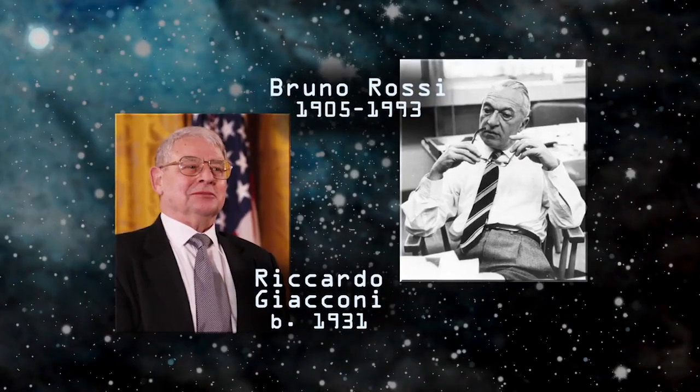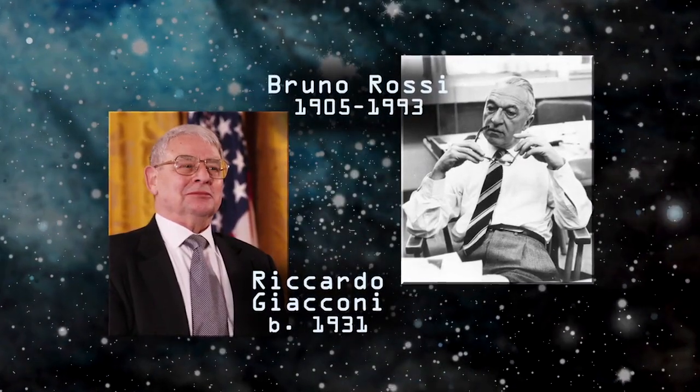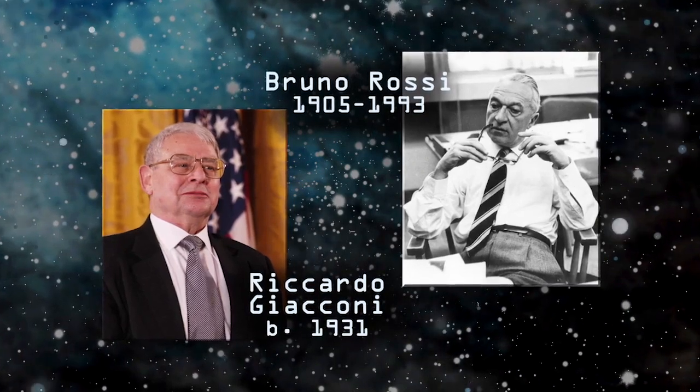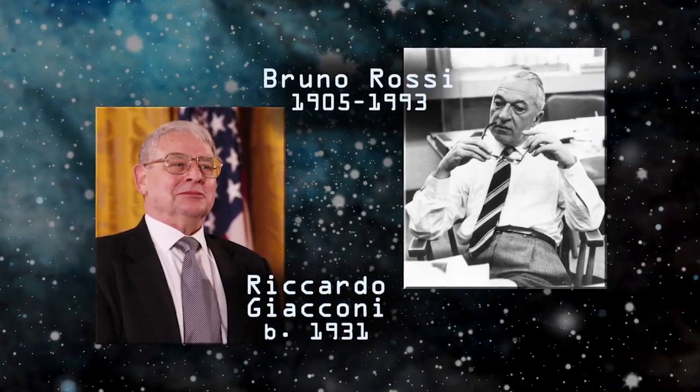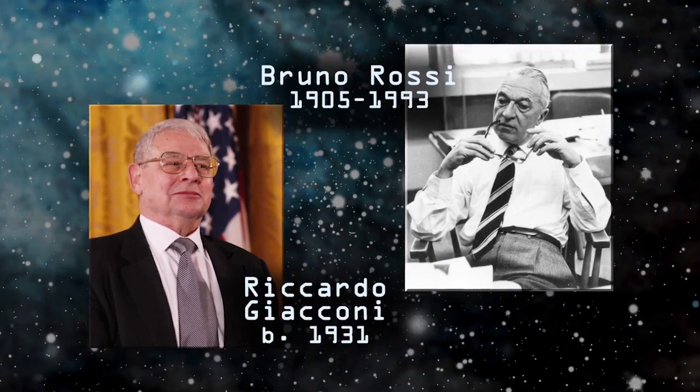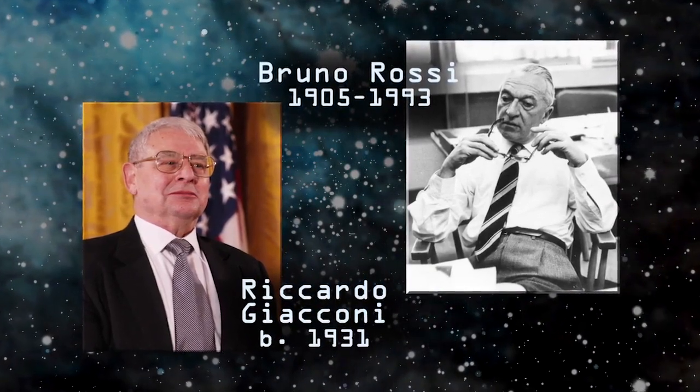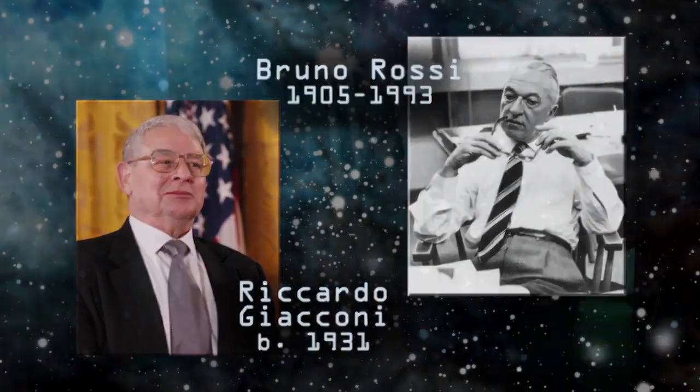Two of those pioneers were Bruno Rossi and Riccardo Giacconi. They convinced NASA to launch an X-ray telescope in 1962, even though many astronomers were skeptical that there would be anything to see. And of course, the sky turned out to have a glittering display of X-ray sources, which are now understood to be related to black holes, neutron stars, supernovae, all kinds of fascinating phenomena.